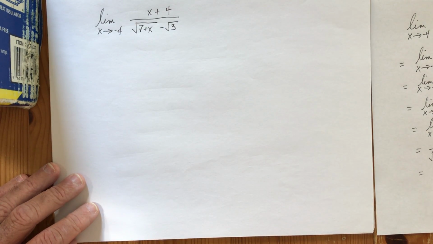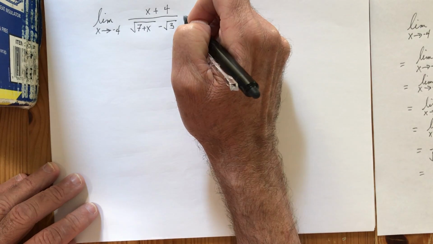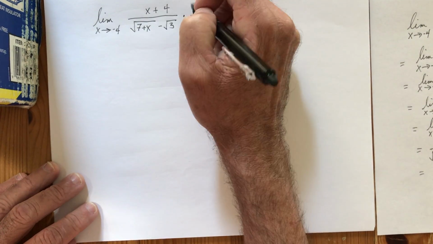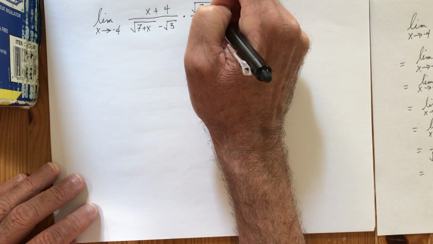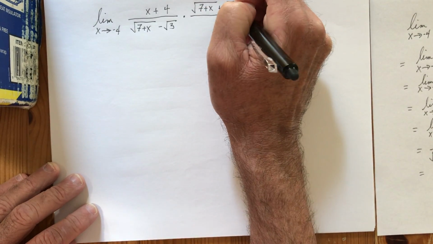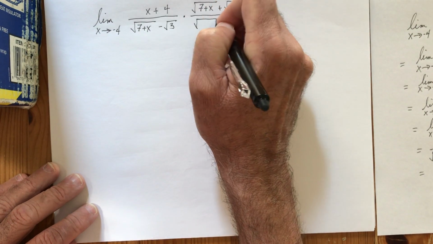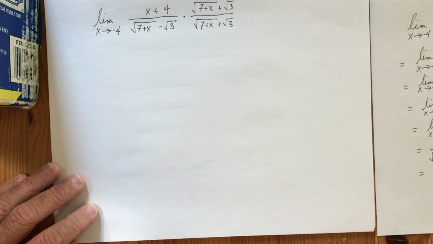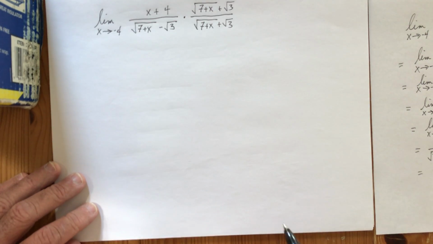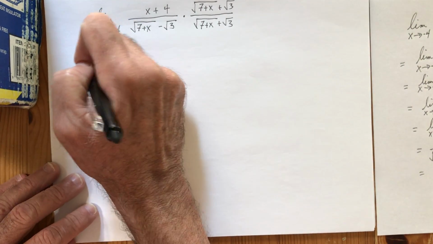We could have done this problem. And we're going to do it the same exact way. We're going to multiply by the conjugate. And you probably can see where this is going to go. So we multiply by the conjugate, rationalizing both in the numerator and the denominator.